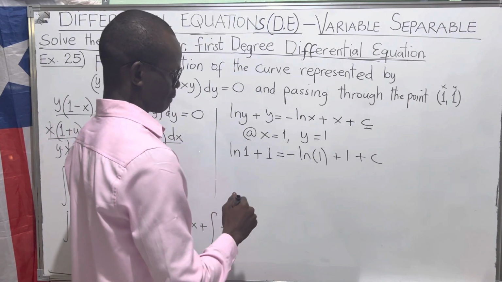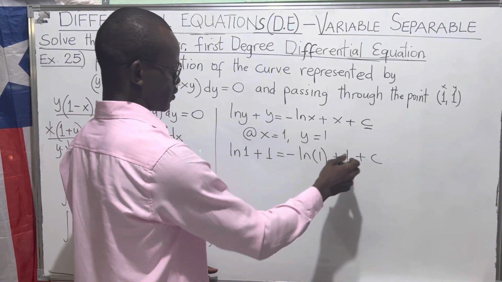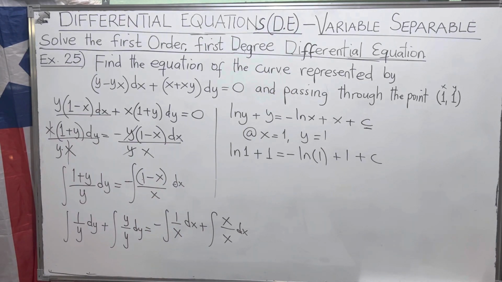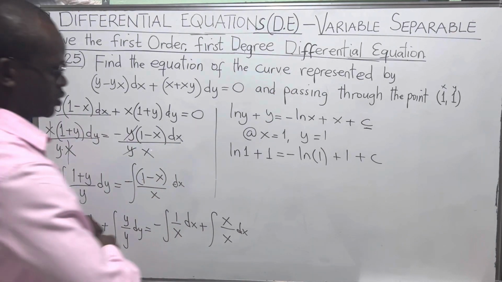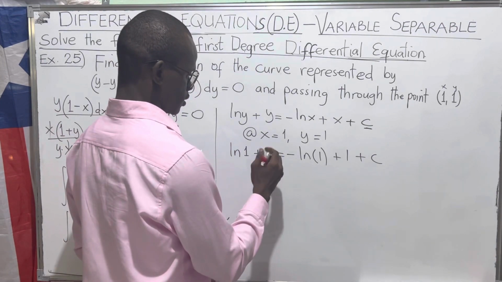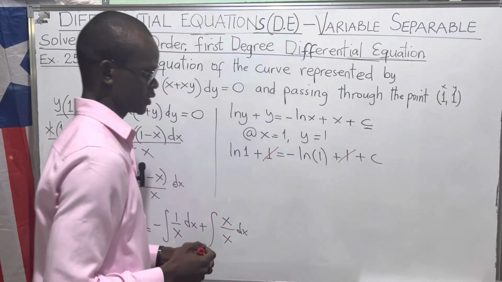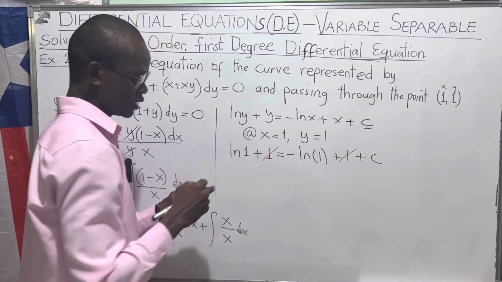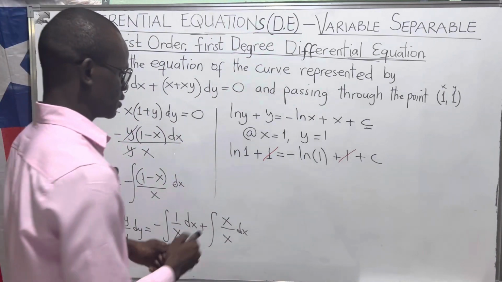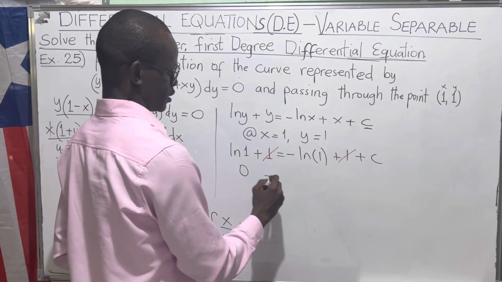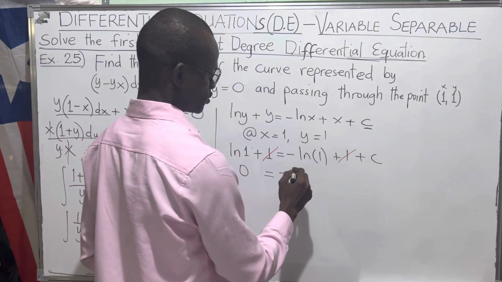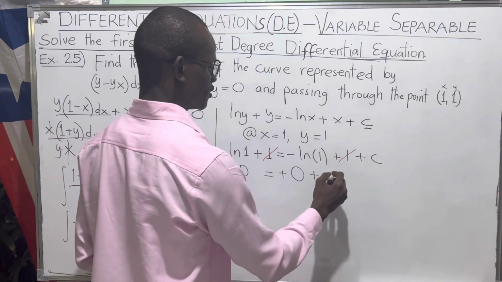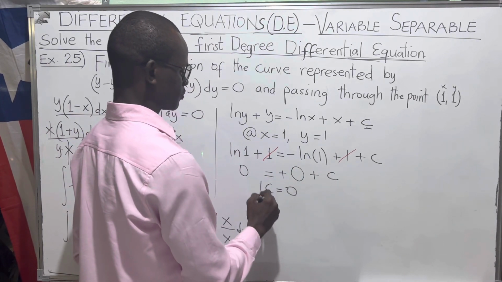We send this 1 across, and it will be negative, in fact. Now, the ln of 1 is equal to 0, and the ln of 1 is also equal to 0. So 0 is never positive or negative, it's just 0. So c is equal to 0.